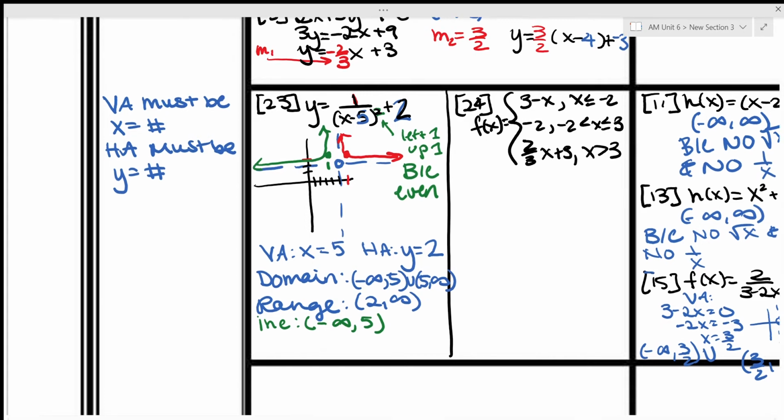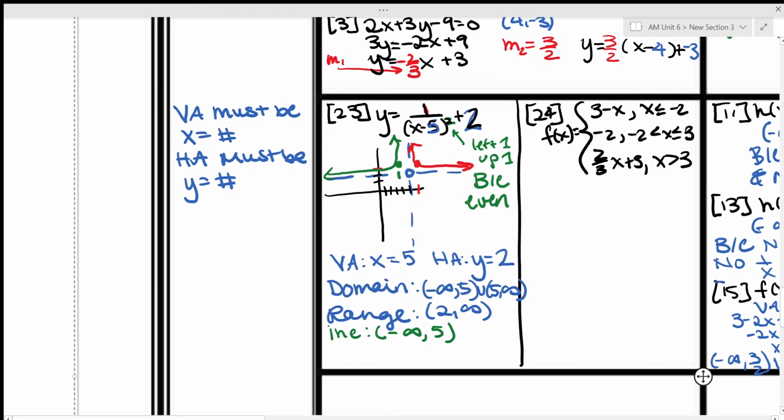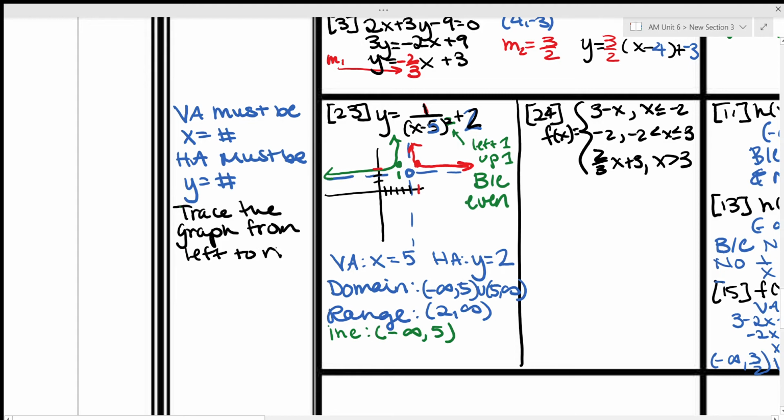Okay, I'm going to write that little comment over here real quick. Trace the graph from left to right when finding increasing and decreasing intervals.